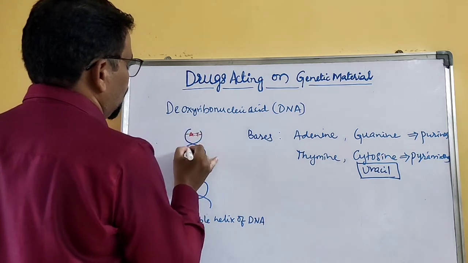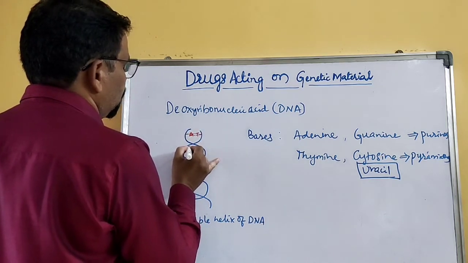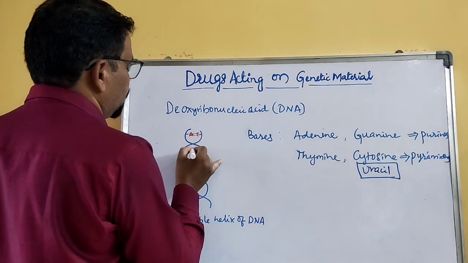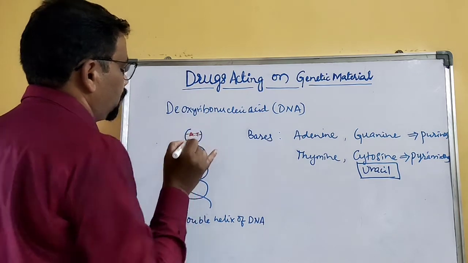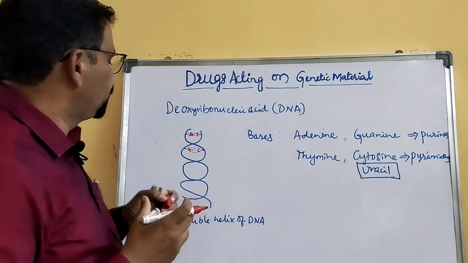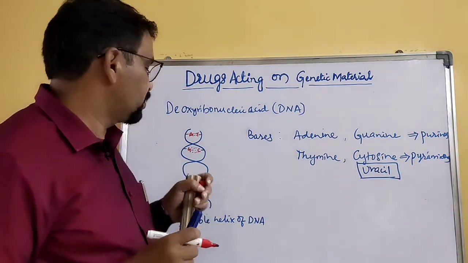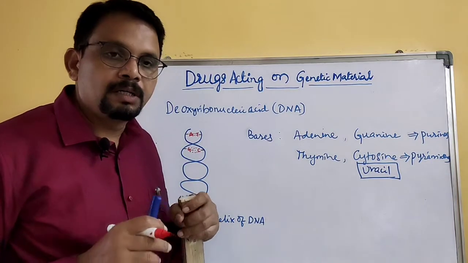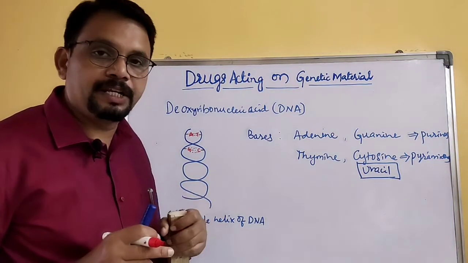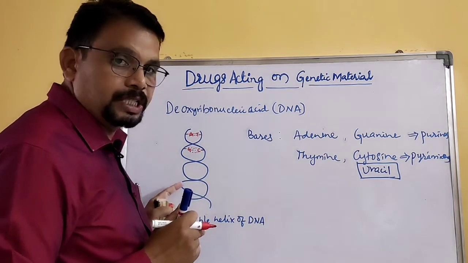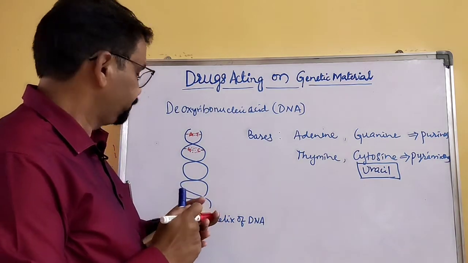In the case of guanine and cytosine, there are three hydrogen bonds which keep them together. Because of these interactions, the double helix of DNA stays together like this helical chain.